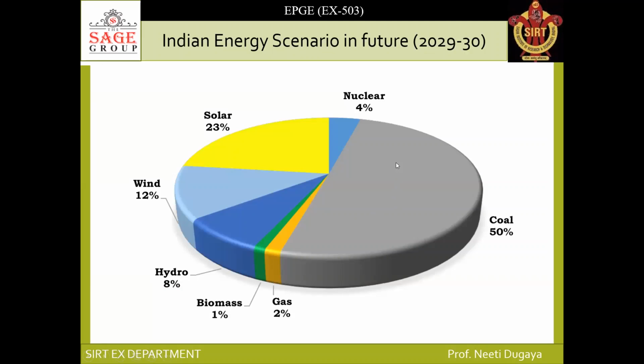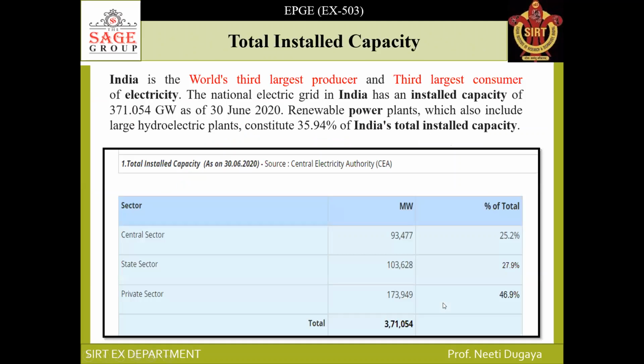But by the end of 2030, we expect coal to be reduced by around 6%, taking 50%. So obviously the solar energy part would increase. 23% would be solar, wind would contribute 12%, hydro 8%, biomass 1%, gas 2%, and 4% nuclear by the end of 2030.